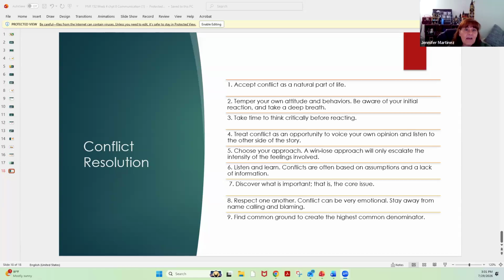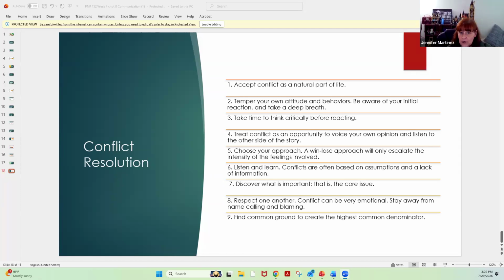How many have ever gotten mad because you thought somebody said something about you? But it turns out that they really weren't even talking about you. They were talking about something else, but you just assumed that it was about you and you got upset, right? So a lot of times conflicts are based on assumptions and a lack of information.